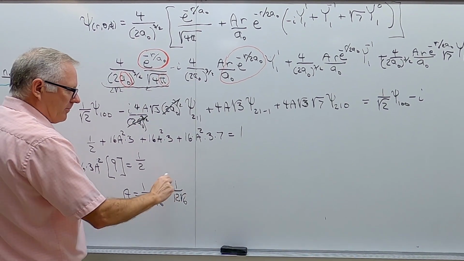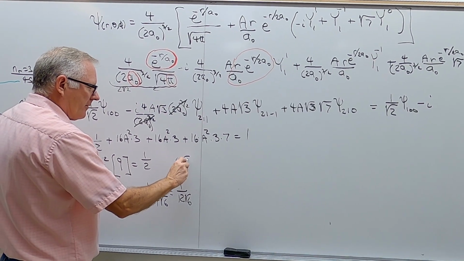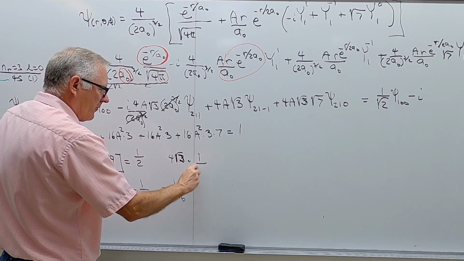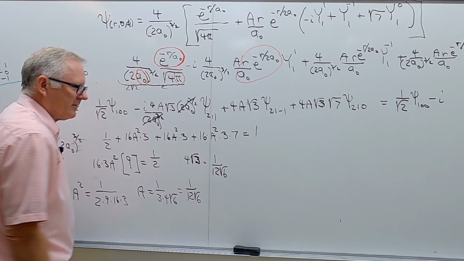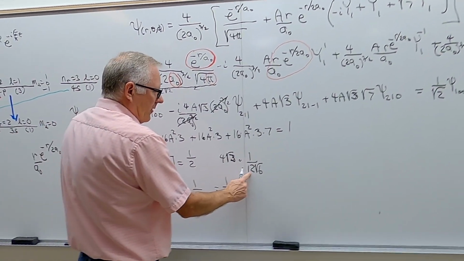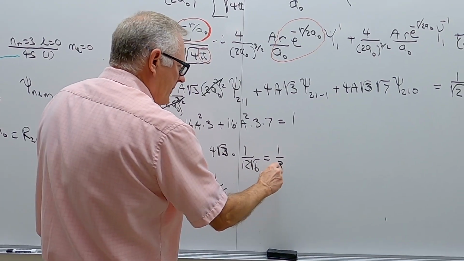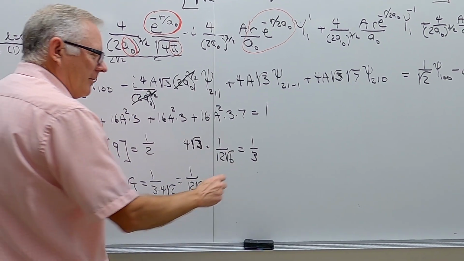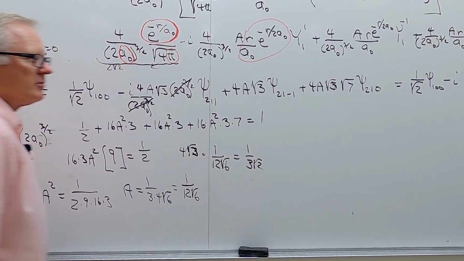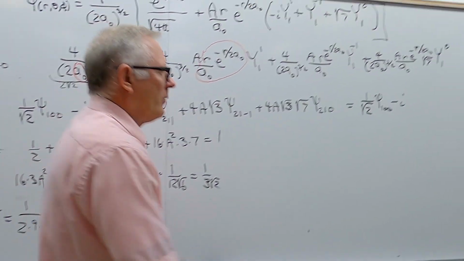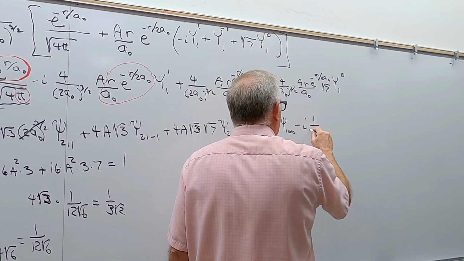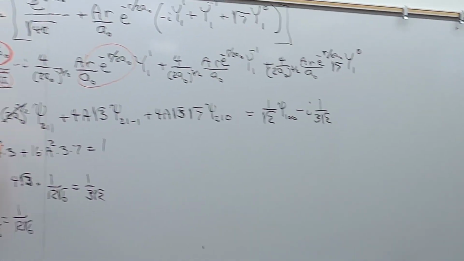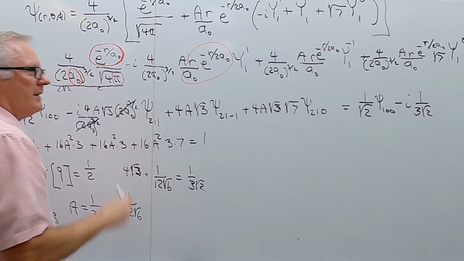Well, if I multiply that, 4 square root of 3 times 1 over 12 square root of 6. 4 over 12, that's 1/3. And square root of 3 over the square root of 6 is square root of 2 in the denominator. So it just gives me 1 over 3 square root of 2. And we're on this term, psi 211.